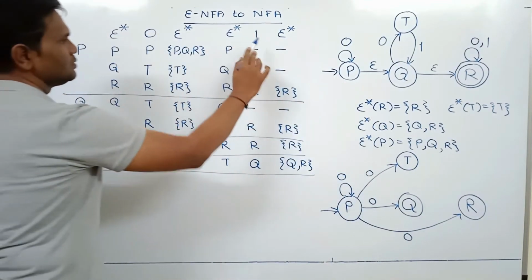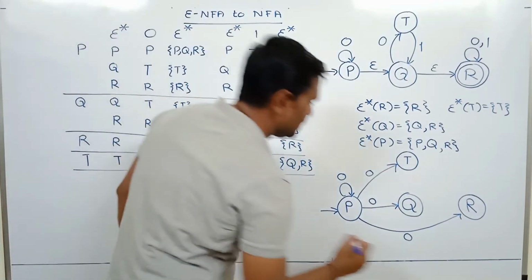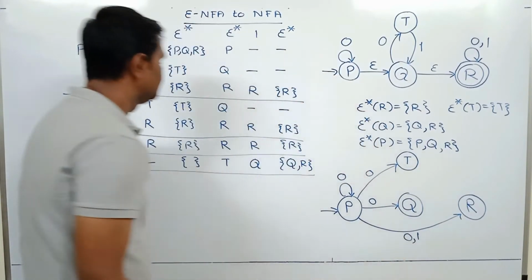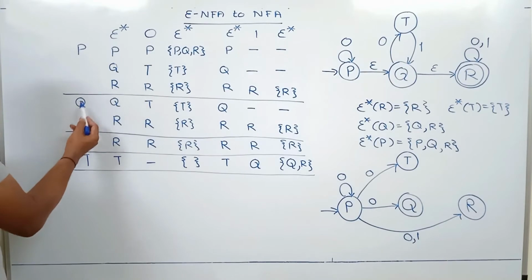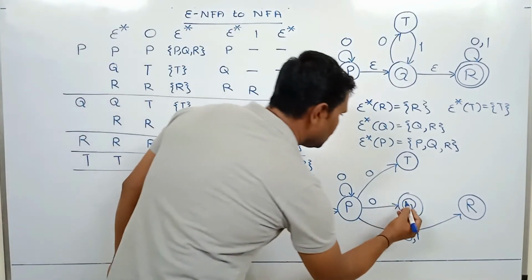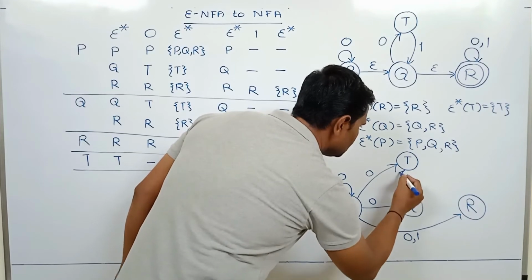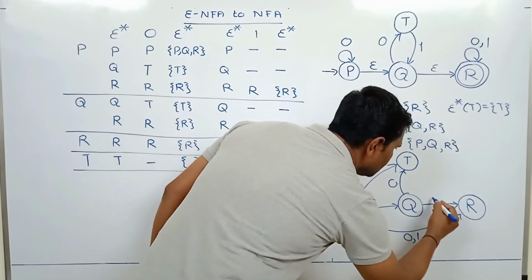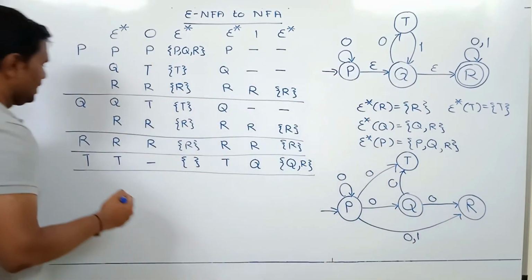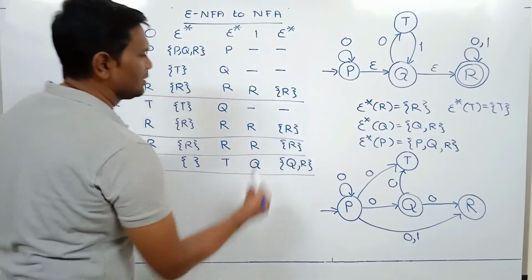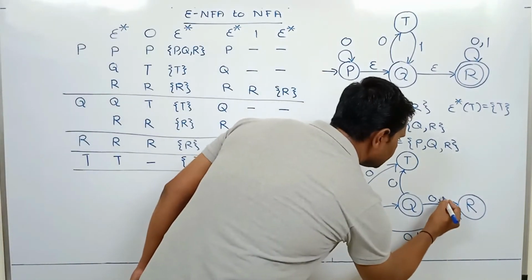P on 1 goes to only R. So here we add transition for 1. Q on 0 goes to T and R. Q on 0 goes to T, Q on 0 goes to R. Q on 1 goes to R. So we had transition for 1.